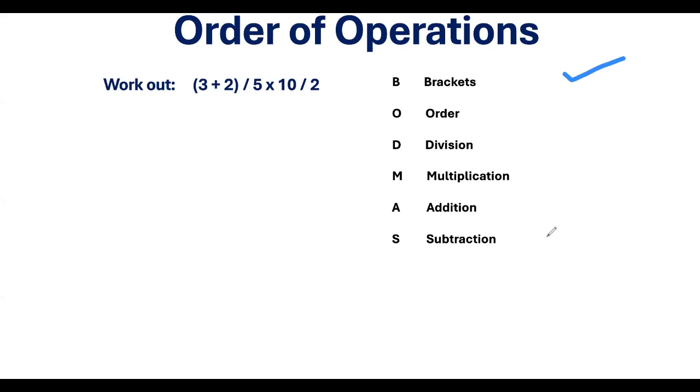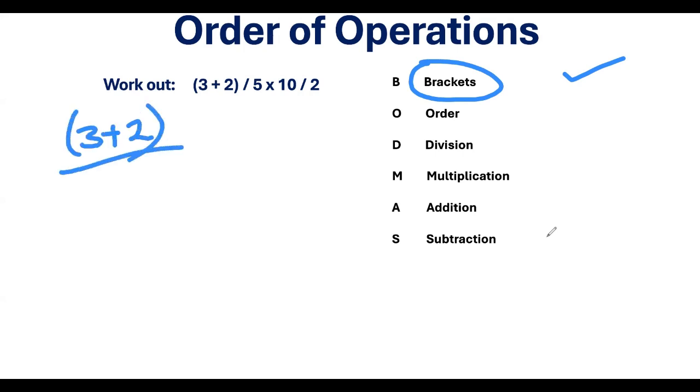Any brackets here? Because you have to start with the bracket. So I'm solving bracket first. 3 plus 2, this is in bracket, whole divided by 5, multiply by 10 divided by 2. Brackets to be done first. What is 3 plus 2? 5.